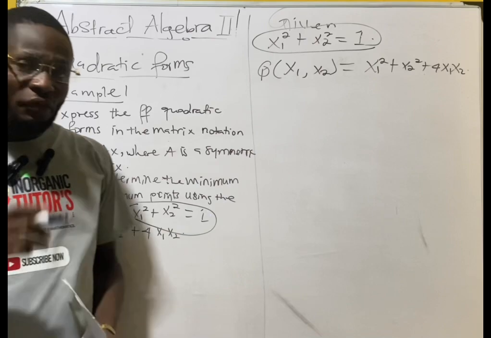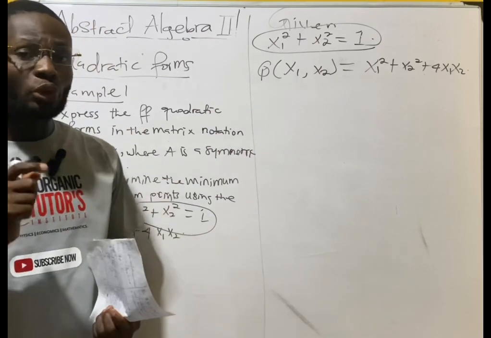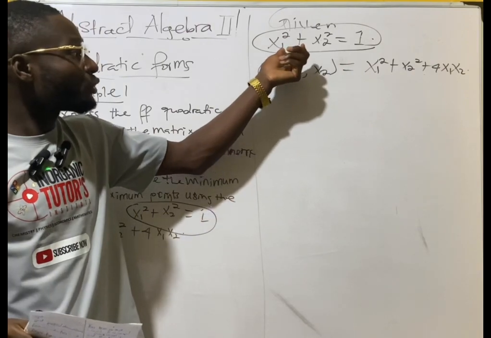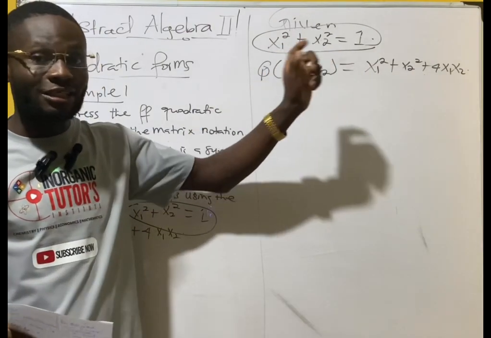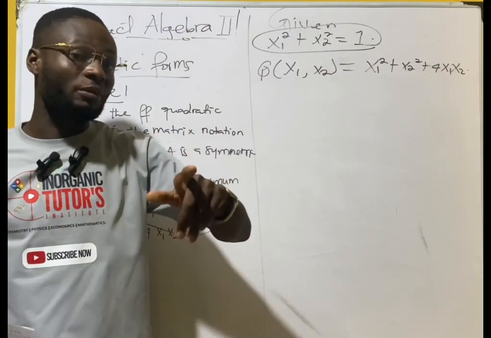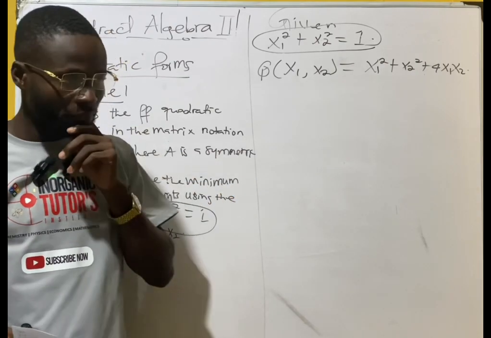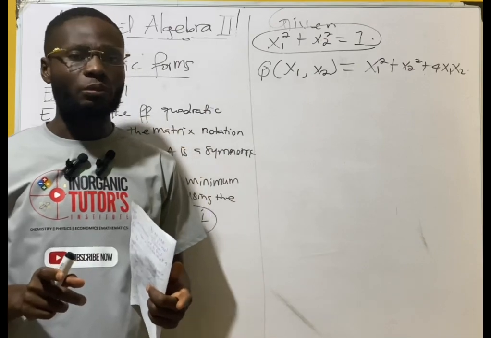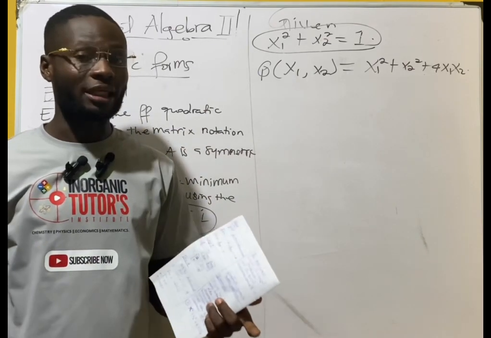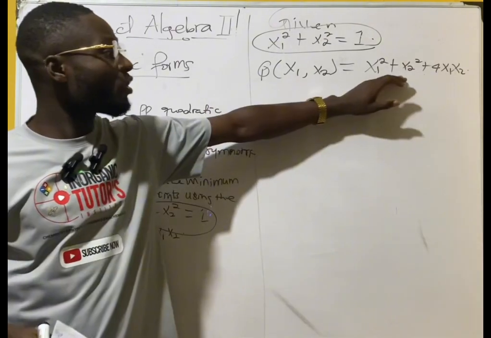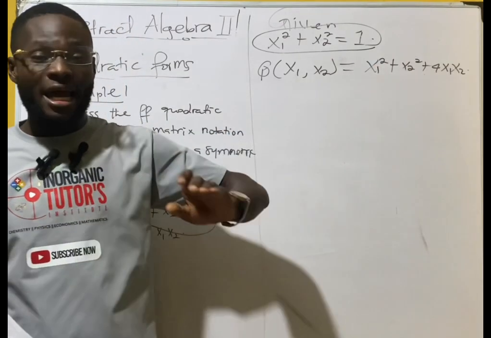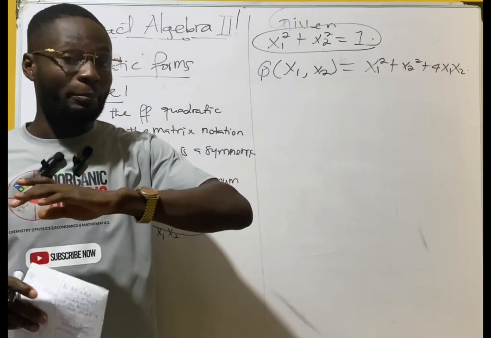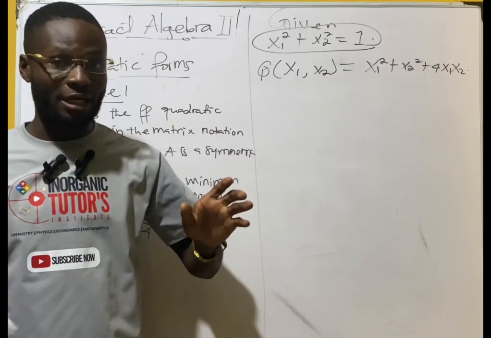Before we get into it, because we are seeing just x1 and x2, it means that we are going to form a 2 by 2 matrix. I want you to know the structure of the 2 by 2 matrix off head. If you know that, then transforming the quadratic form into a matrix won't be a problem. It's going to be the easiest thing you do in abstract algebra.